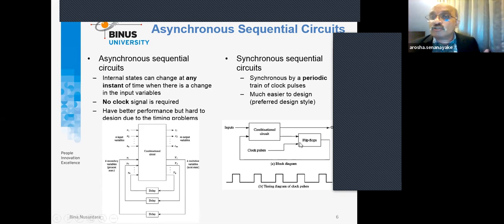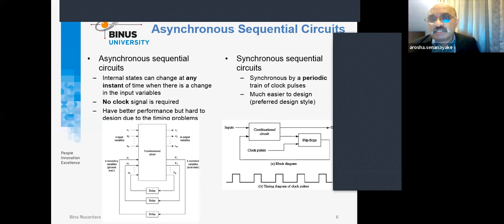The output or the next state produced depends on whether a clock pulse is generated, so that only the present state will be available to the combinational circuit.